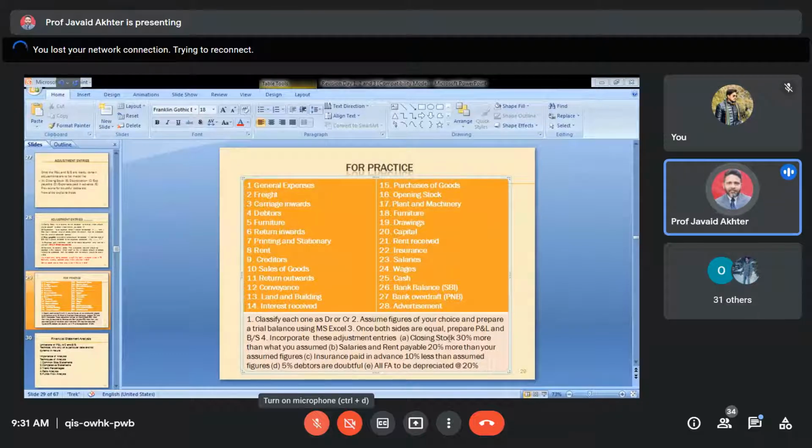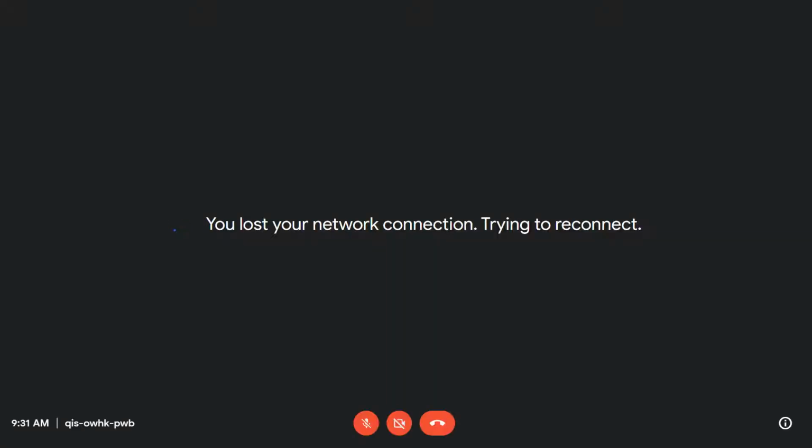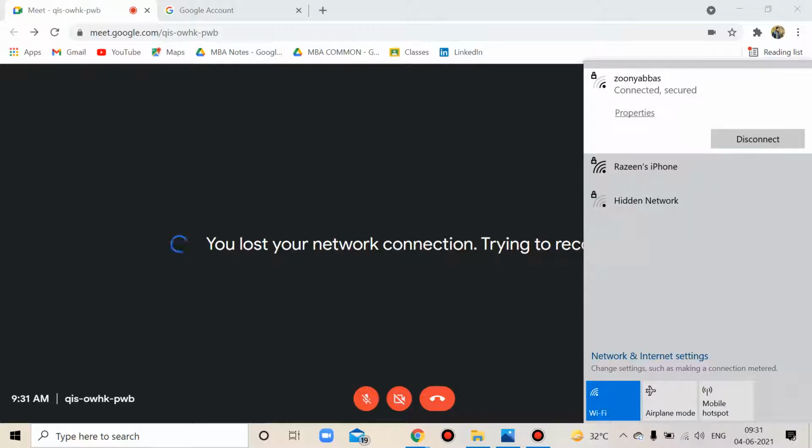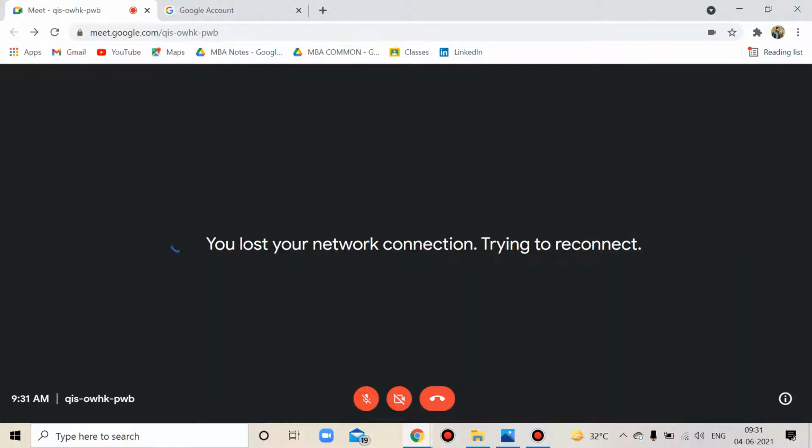Incorporate these adjustment entries like closing stock. What will be the value of closing stock? 30% more than what you have assumed. If you have assumed opening stock is 10,000, your closing stock will be 13,000, and accordingly differ from one roll number to another.